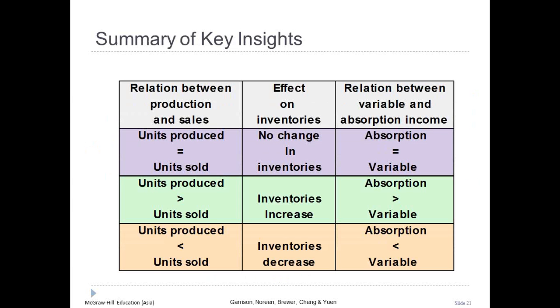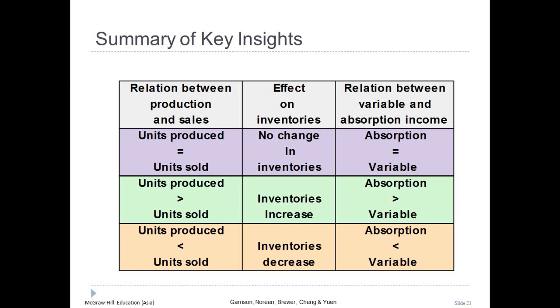So here's the summary. When it comes to the relation between production and sales, the effect on inventories, and the relation between variable and absorption costing. Consider it over the 2 years that Harvey's company operated.